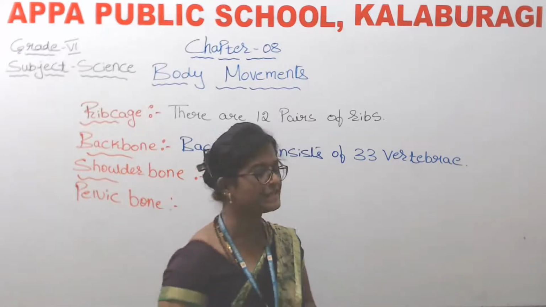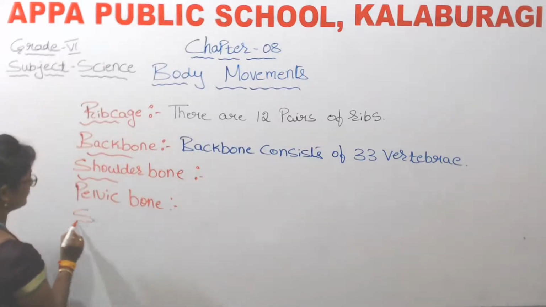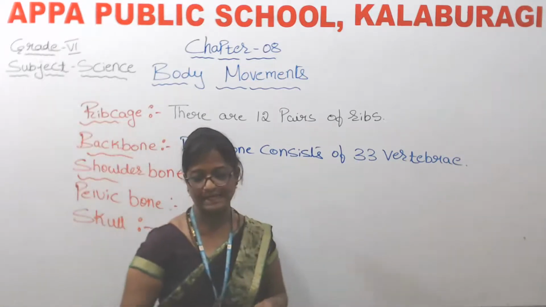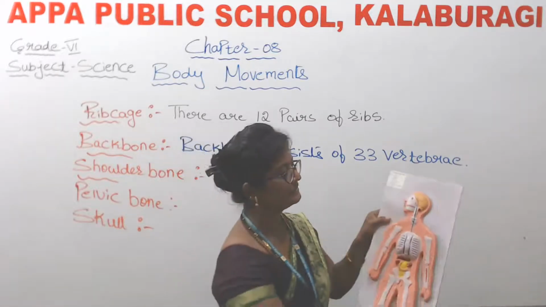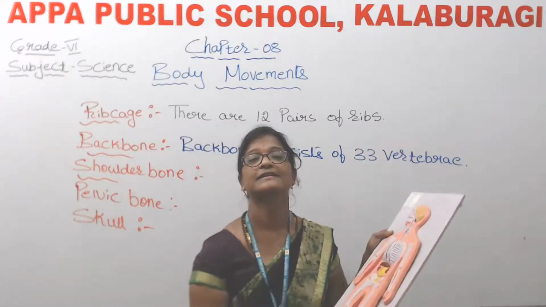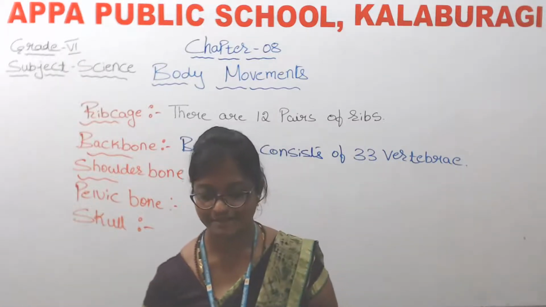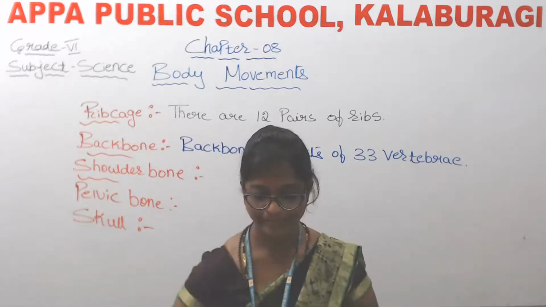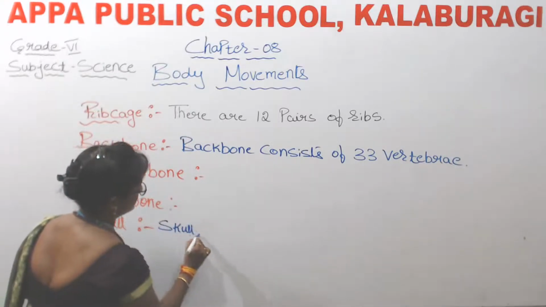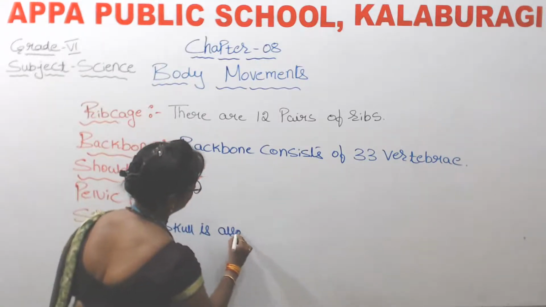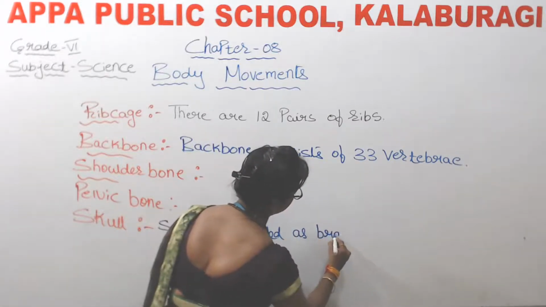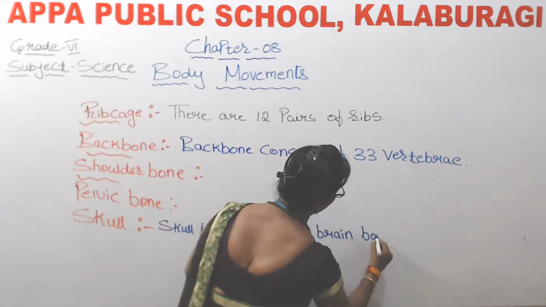Now the next one is the skull. Yes, children. So the skull is also called what? The skull is also called the brain box, isn't it?